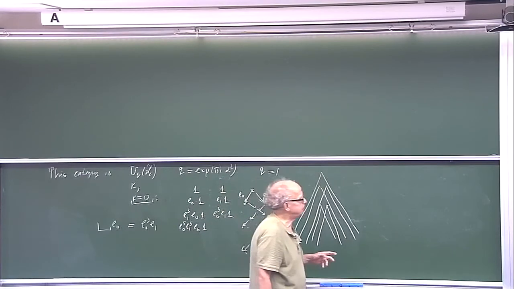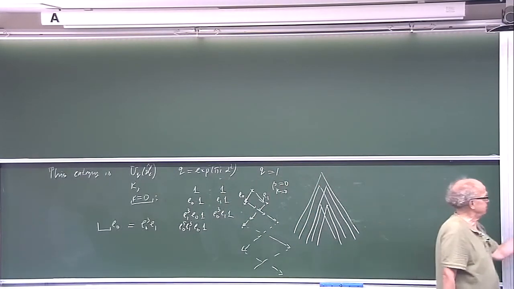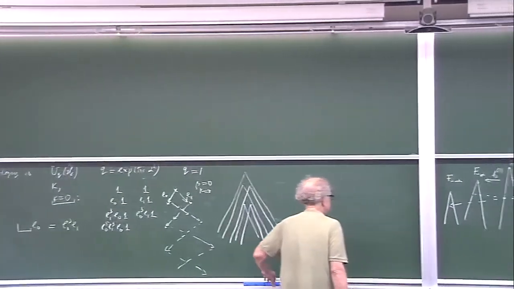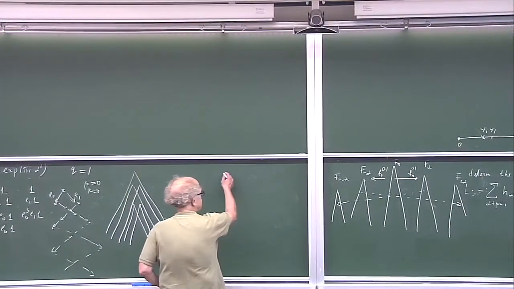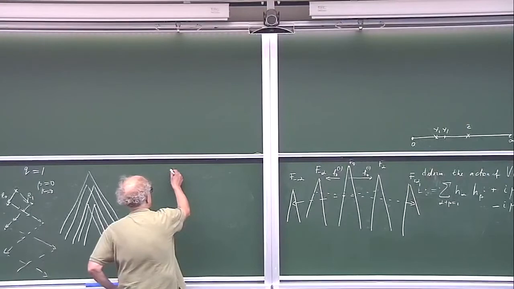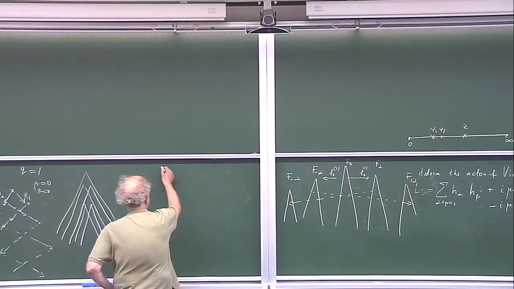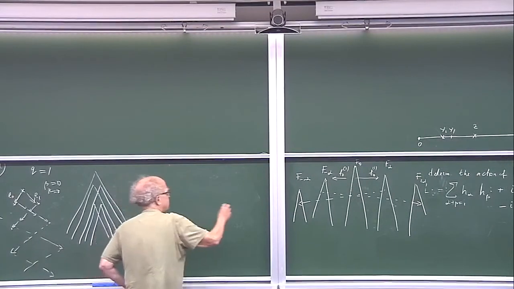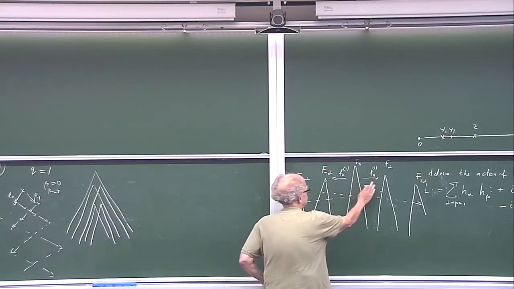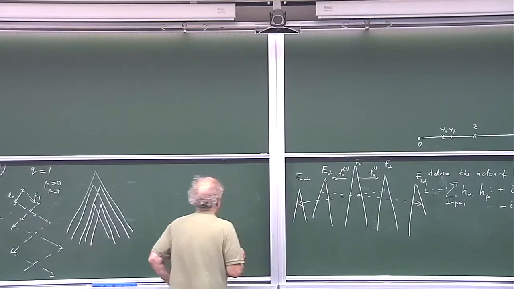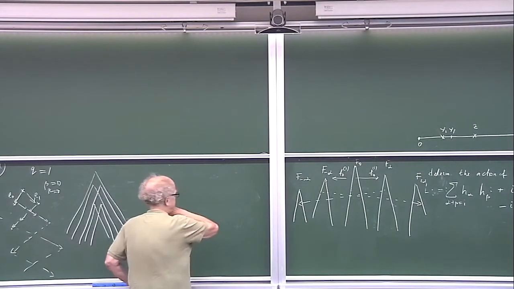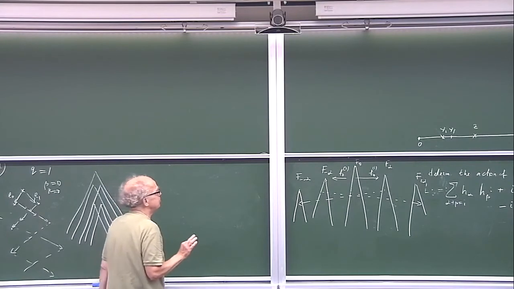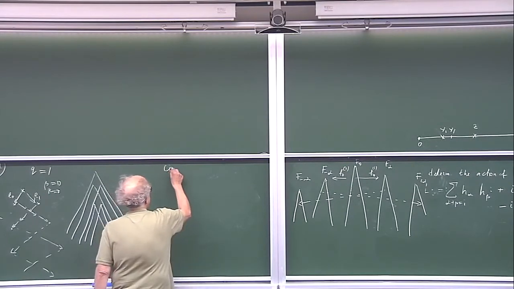And anyway, what is the relation with this story? The relation is the following: we have two screenings, which are like this and like this. And we have not something like a functor, but some correspondence.